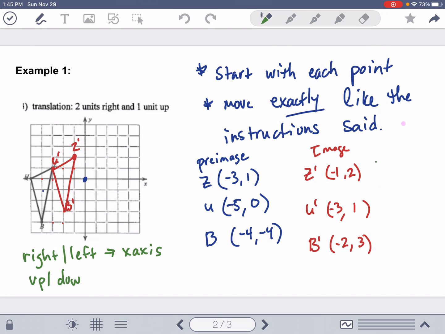Up or down refers to the y-axis. And when you think about the x-axis, you think about the x-coordinate. I'm running out of room. And the y-axis, you think about the y-coordinate.